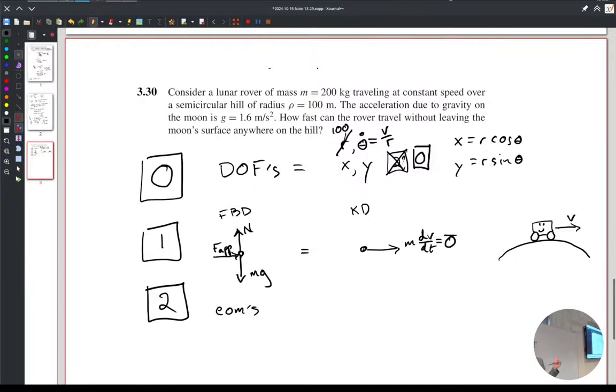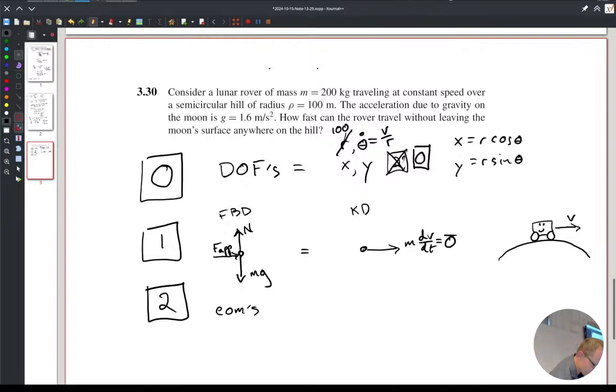Well, we can say it's mg, but there's also N opposing it, right? So the normal force is opposing it. And there's no radial acceleration down, right? It's not decreasing r.